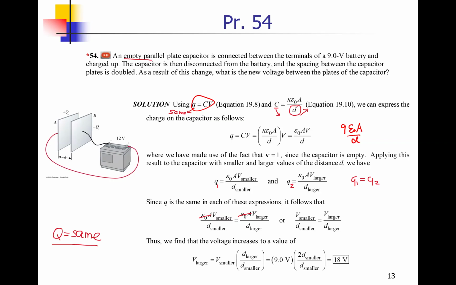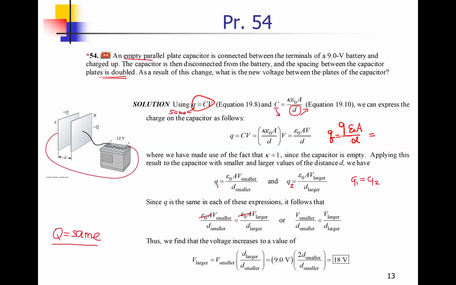What's next? We are going to double the space between the plates. This is a 9. It looks like a cube, but this is my number 9. So Q will be the same.